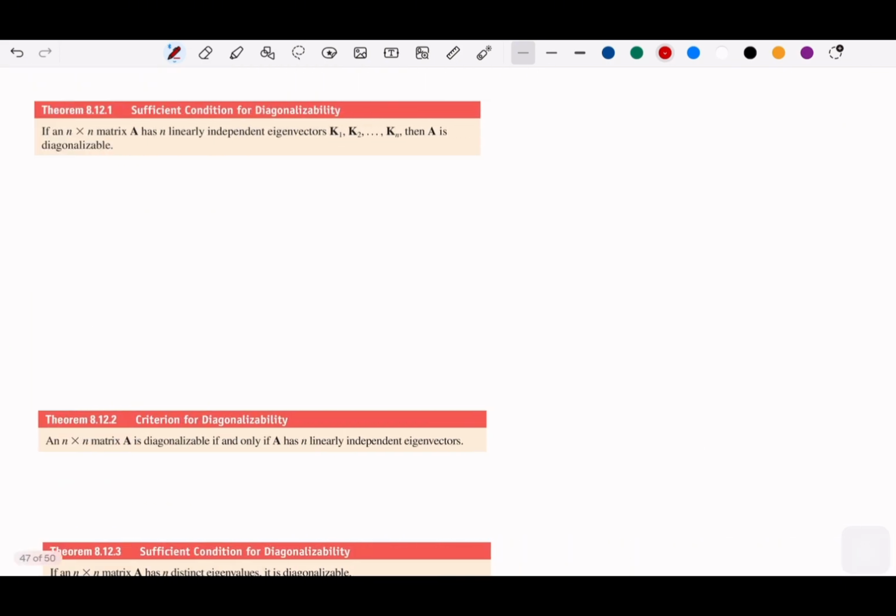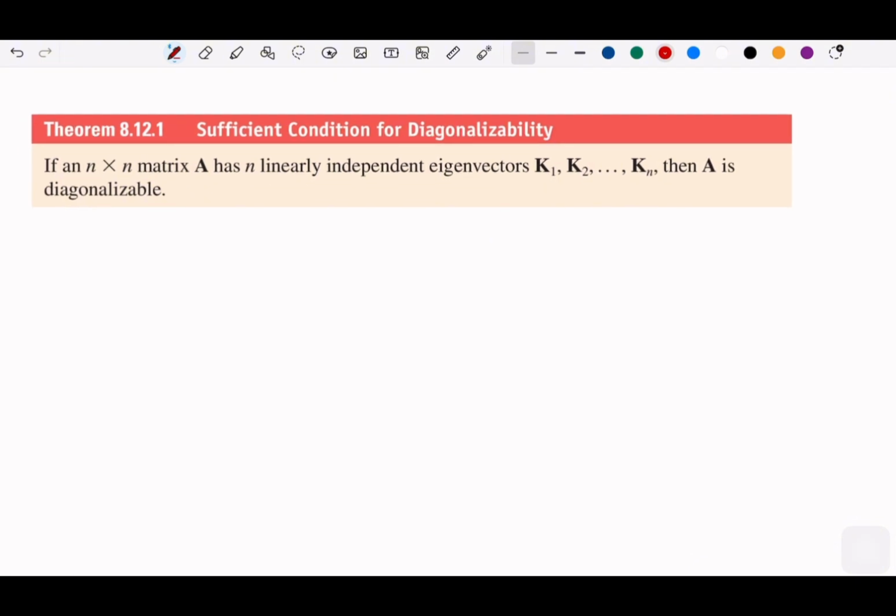Basically, this is the first theorem that I think we have shown from the previous part. But let me give you a quick proof by taking each multiplication of A and K. The previous part is from AP, but we know that P is eigenvectors, so we could start from AK. AK1 is going to be lambda 1 K1, and AK2 will be lambda 2 K2.